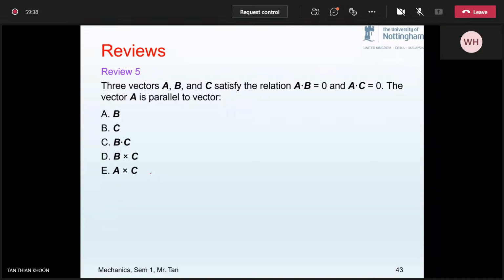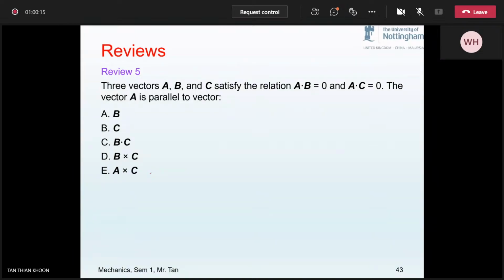A dot B is 0, A dot C is 0, so A should be parallel with which vector? B cross C. Why B cross C? Any reason, so that your friends understand why B cross C, and why not B dot C or A cross C?